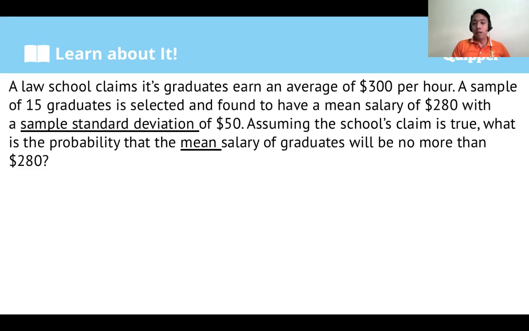Assuming the school's claim is true, what is the probability that the mean salary of graduates will be no more than $280? Just like what I said, the t-value is only our first step. Our main question is, what is the probability?